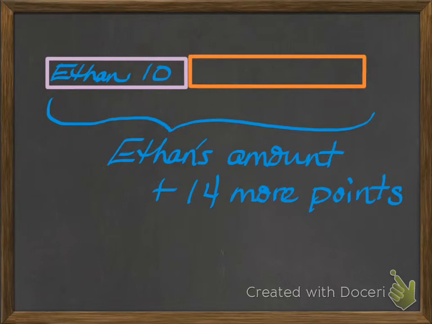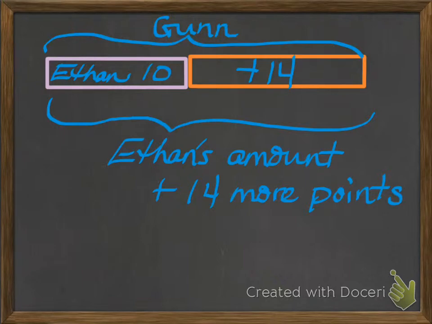Okay. So Ethan had 10, and then Gunnar's is going to be Ethan's amount plus 14 more points. So I have to find the total of the 10 points plus the 14 more points, and that's going to equal Gunnar's score.